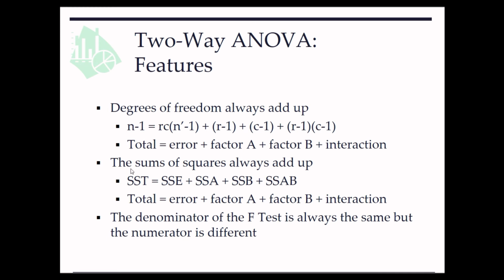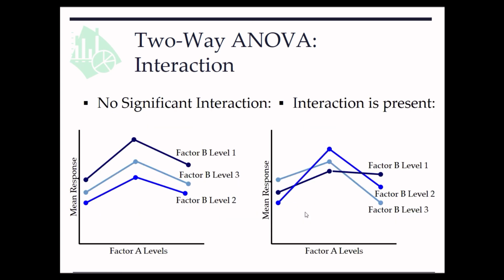Second, we have the sum of squares add up. We have SST equals SSE plus SSA plus SSB plus SSAB. Further, we have that for the different F-tests, the denominator is always the same, but the numerators are different.